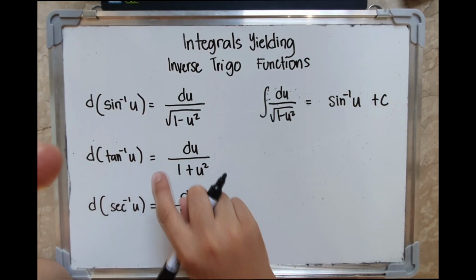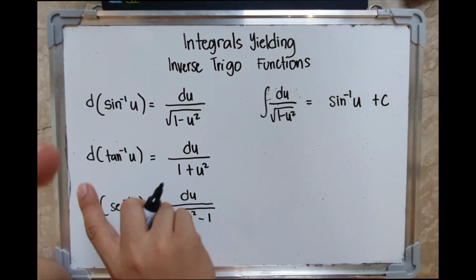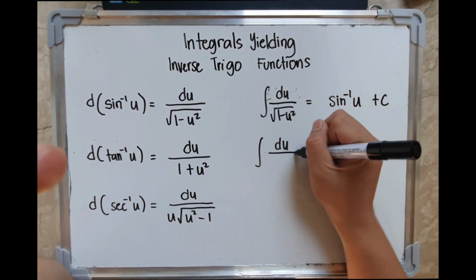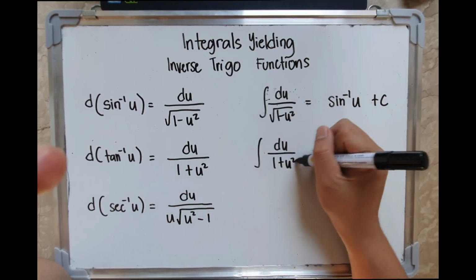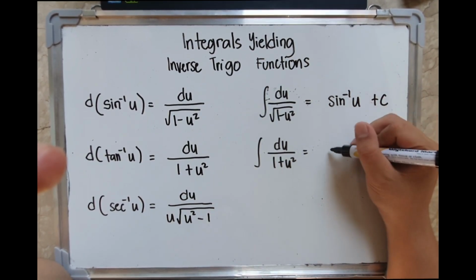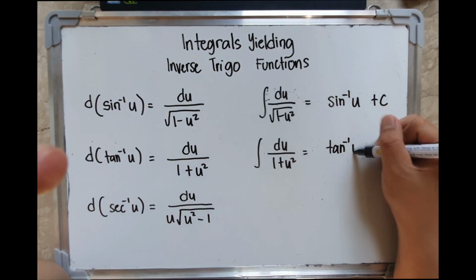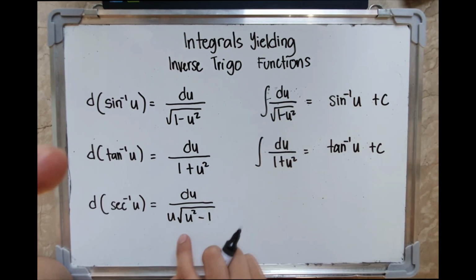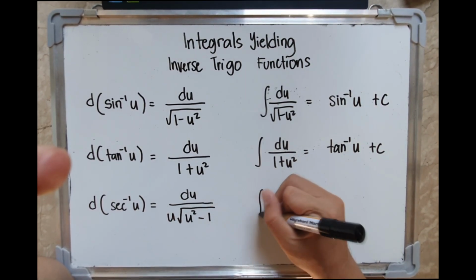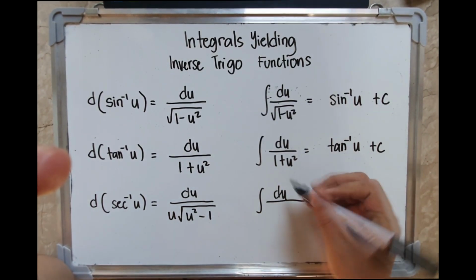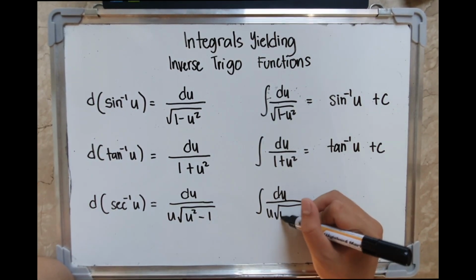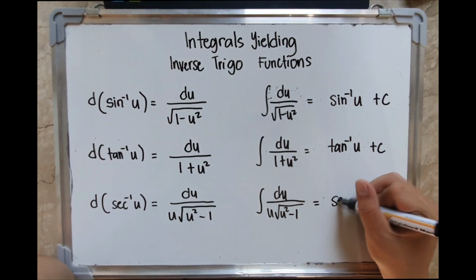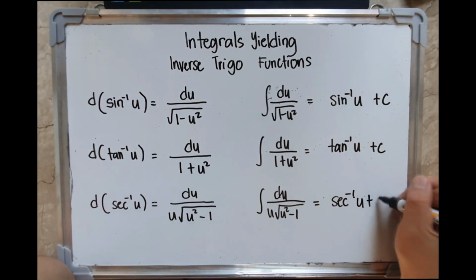Now if we take the integral of this one, the integral of du over 1 plus u squared, that is equivalent to the arc tangent u plus c. And here, taking the integral of du over u times the square root of u squared minus 1, that is equivalent to the arc sec u plus c.